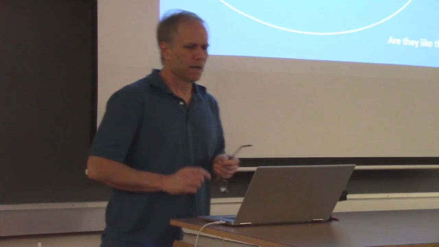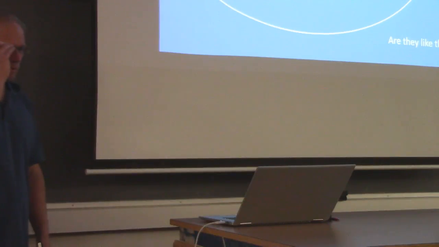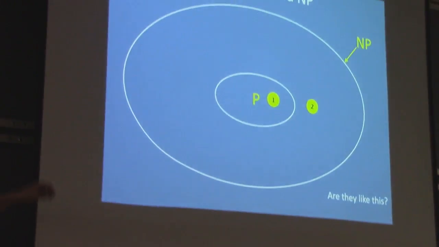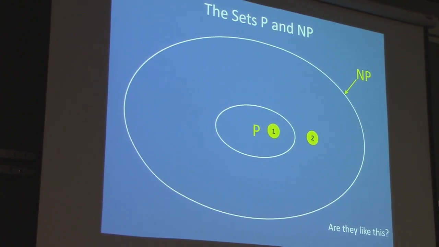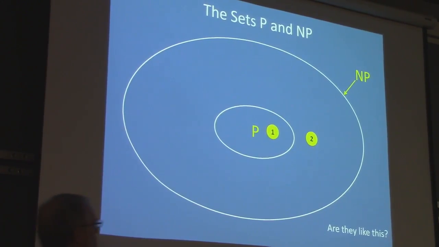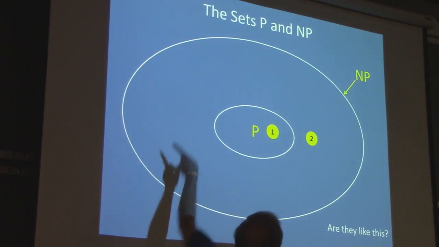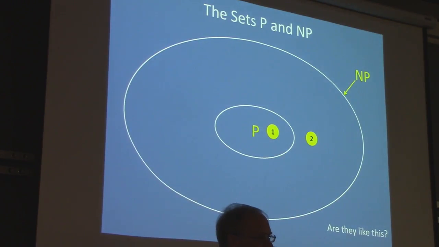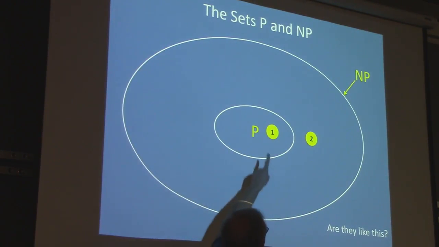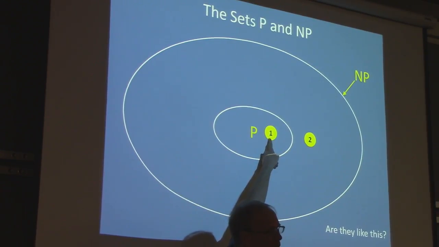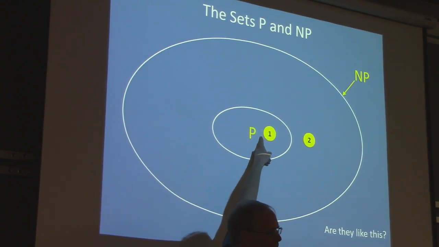Now here's the $1,000,000 question. What's the relationship between P and NP? So one possibility is that P is a proper subset of NP. So think of that as a particular problem. Okay? This would be a problem.